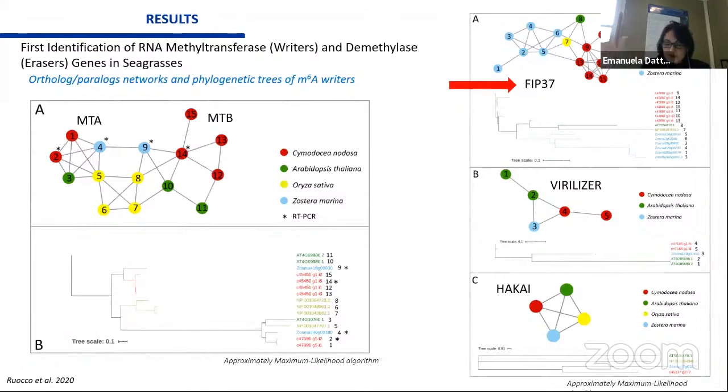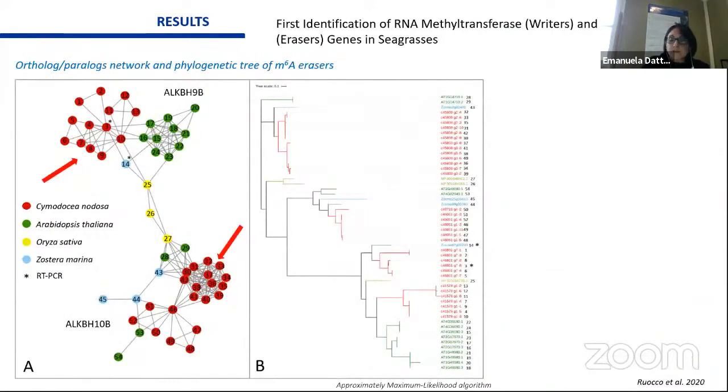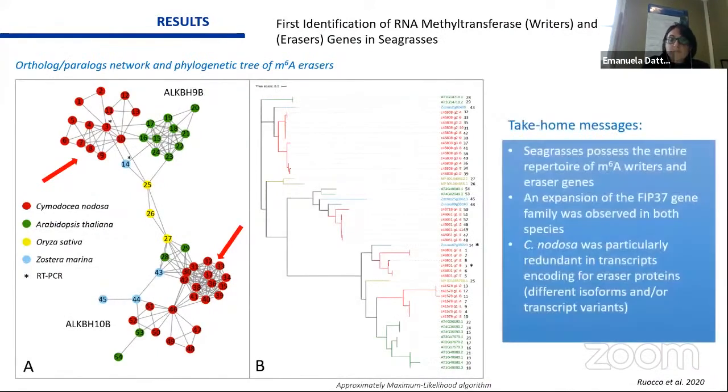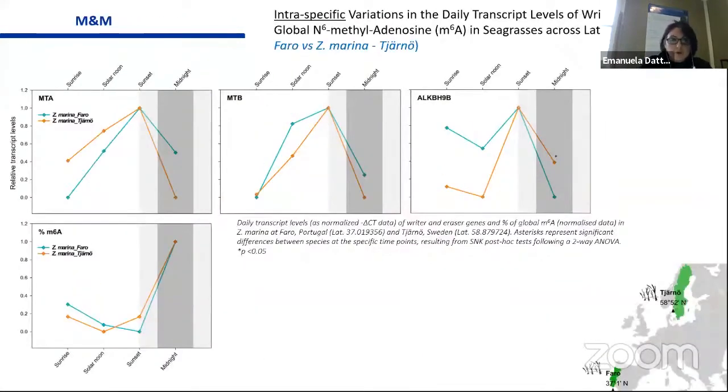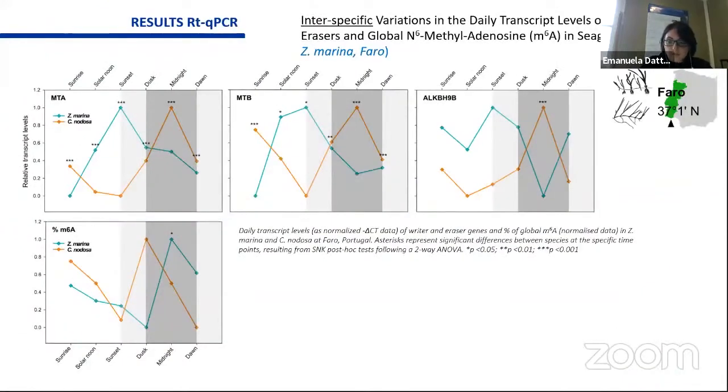I won't go into detail on this topic, but we identified genes for all of these gene families, and also realized that in seagrasses, some of these families have a lot of redundant transcripts in comparison with land plants. And we are investigating also if this redundancy has an adaptive significance. So from this preliminary analysis, we performed the real-time PCR.